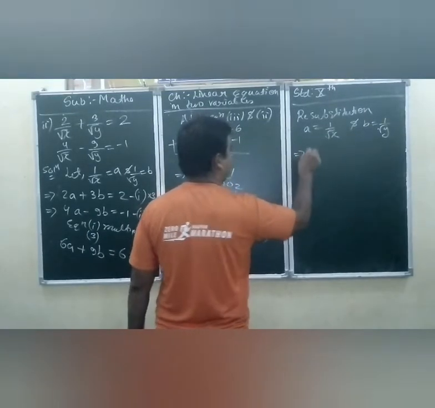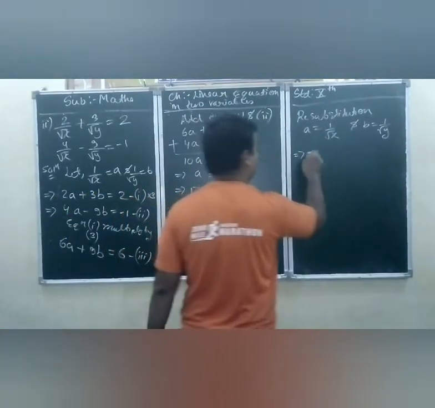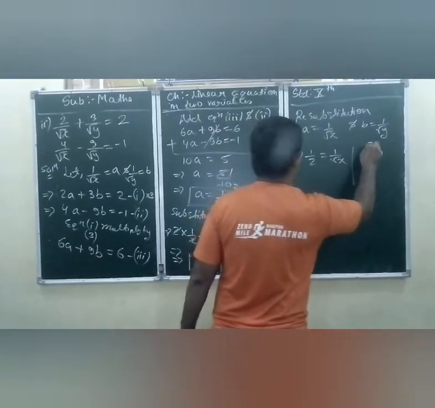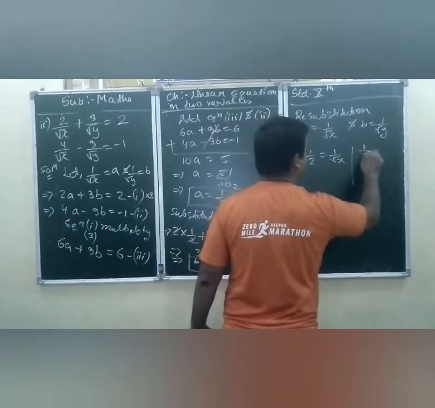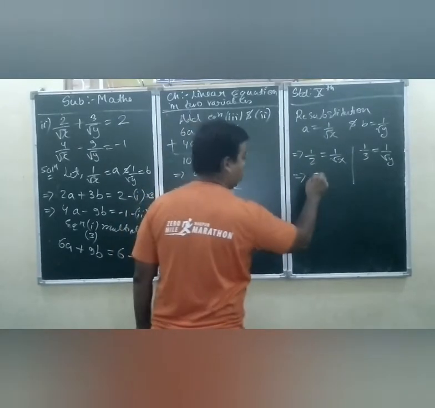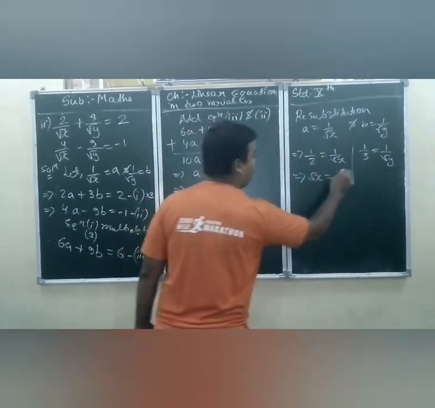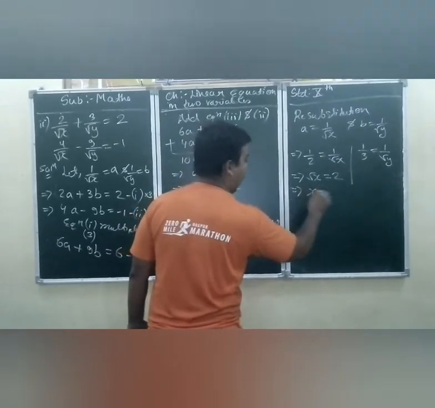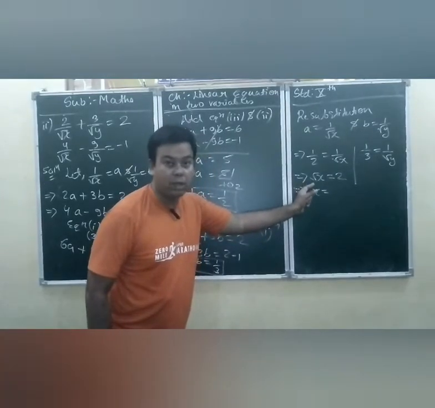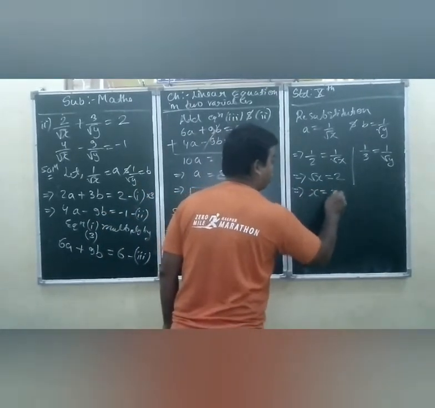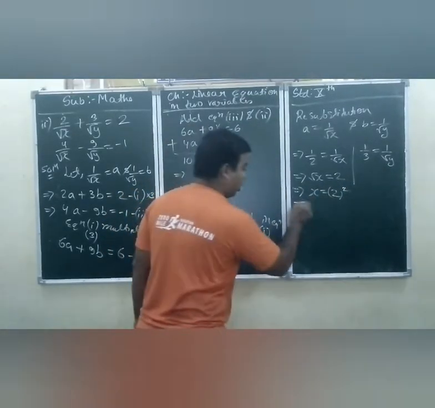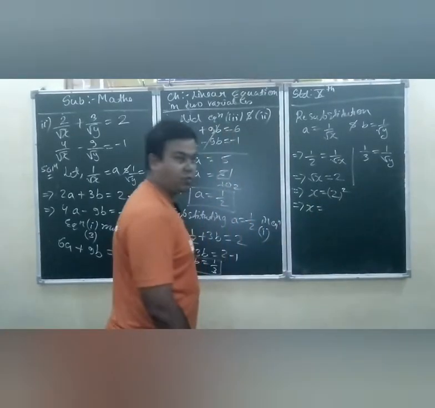So put the values. a value is 1 by 2 is equal to 1 by root x, and b value is 1 by 3 is equal to 1 by root y. So cross multiply. Root x is equal to 2. x equal to, this is a square root, so this root changes into square. So x equal to 2 square, which is 4.